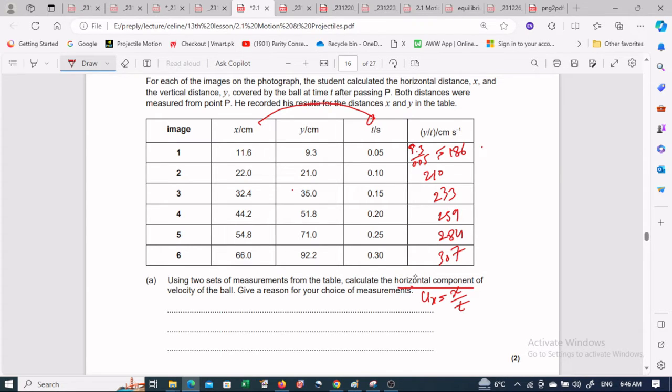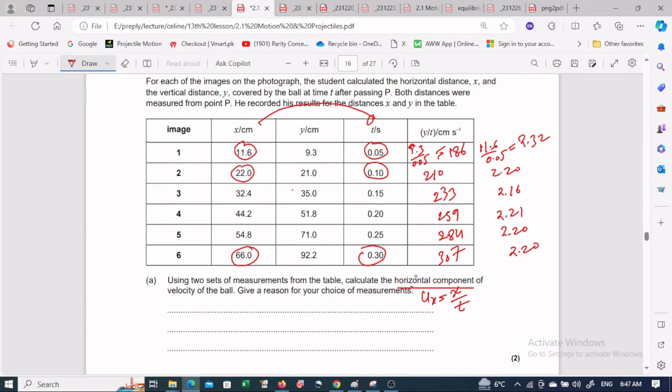So 11.6 divided by 0.05, we get 2.32. Similarly, 22 divided by 0.10, we get 2.20. Next we get 2.16. Next we get 2.21, next 2.20. And finally, when we divide 66 by 0.30, we get 2.2.